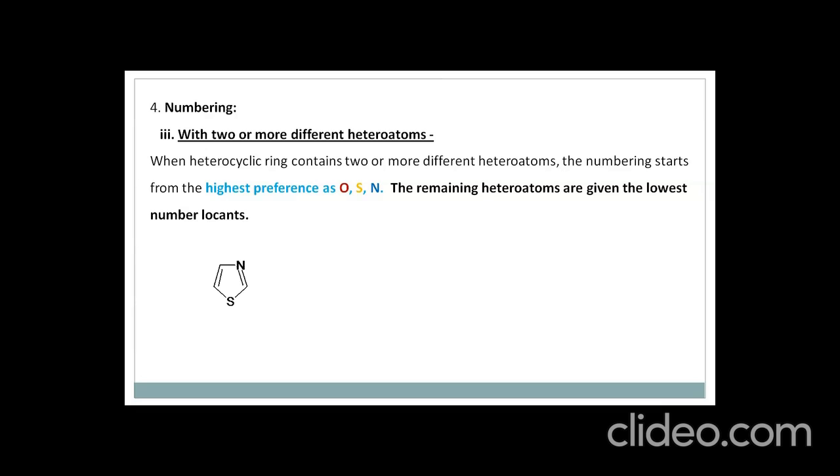Here is a heterocyclic ring which has two different heteroatoms. So preference is to the sulfur. So put the first number to sulfur, and then where to give the second number, to this or to this carbon? Obviously to this carbon, because if you give this the second, then this nitrogen has the lowest locant. So 2, 3, 4, 5.